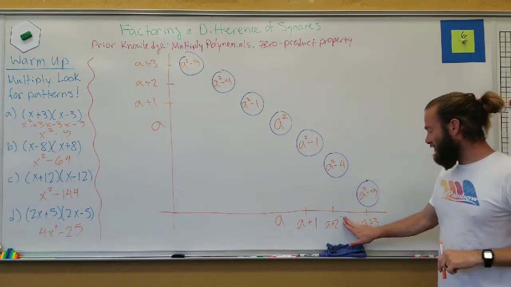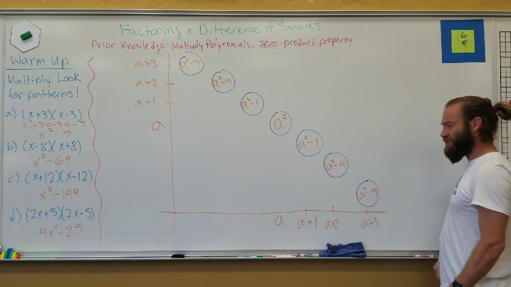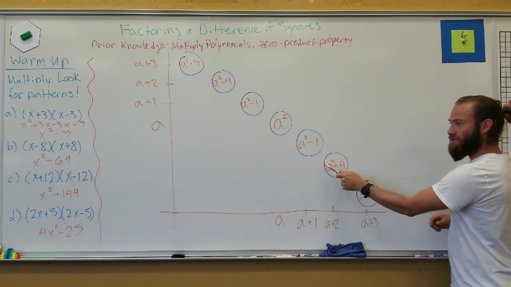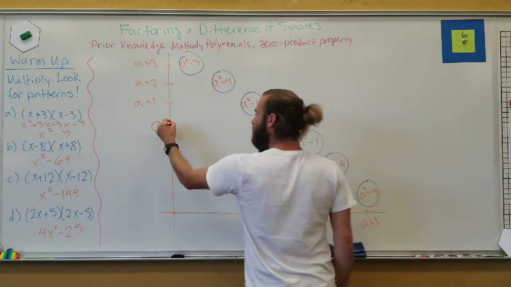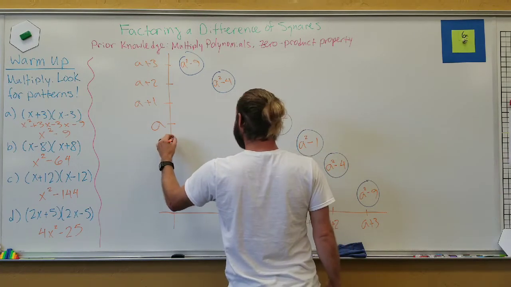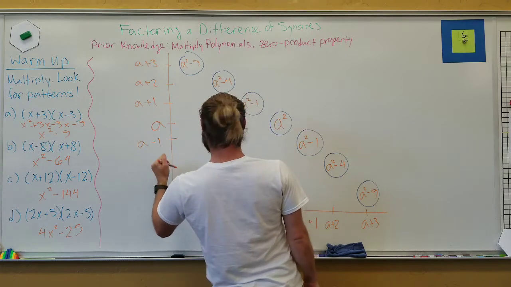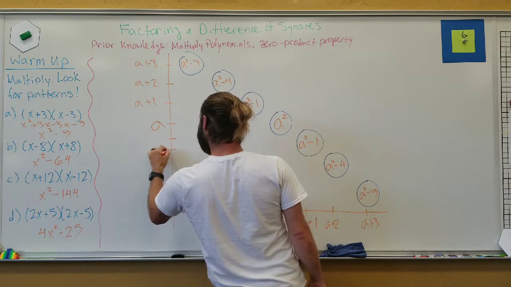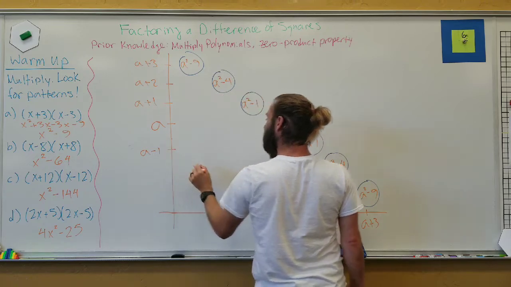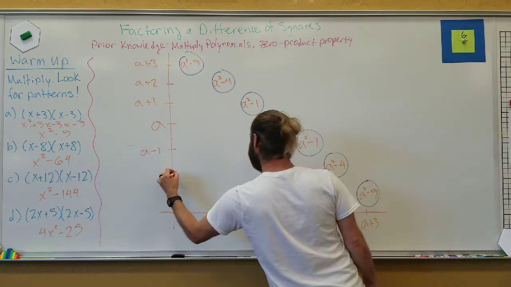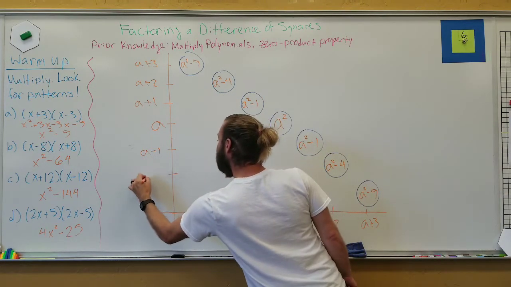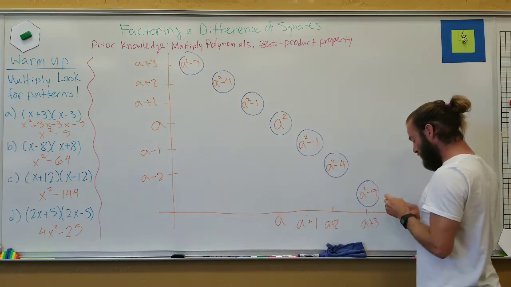So here's the cool thing, and it just relates to what we did. Watch. How did we get to this space? Well, if you were to remember going down here, if I go down 1, this is a minus 1, and then I guess I should go down a little more, right? And that matches with this, and then if I go down, that's a minus 2. So watch what happens here.